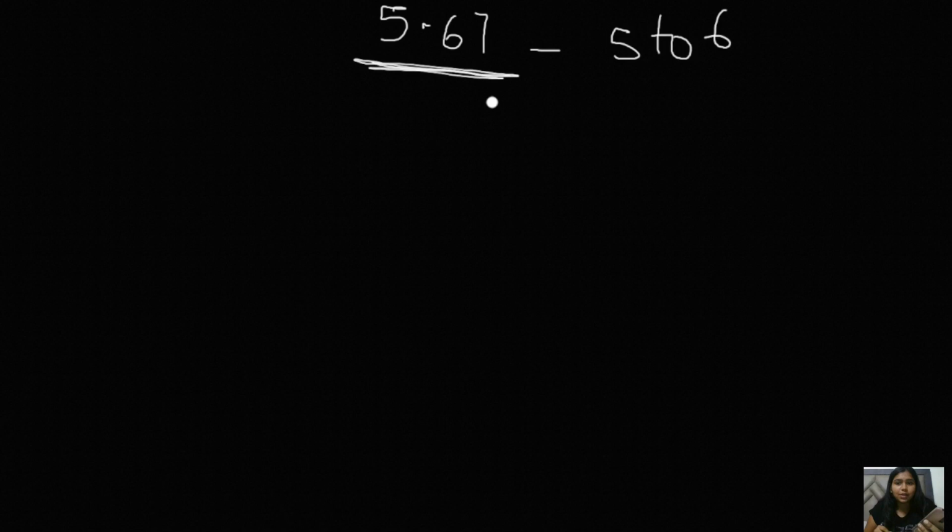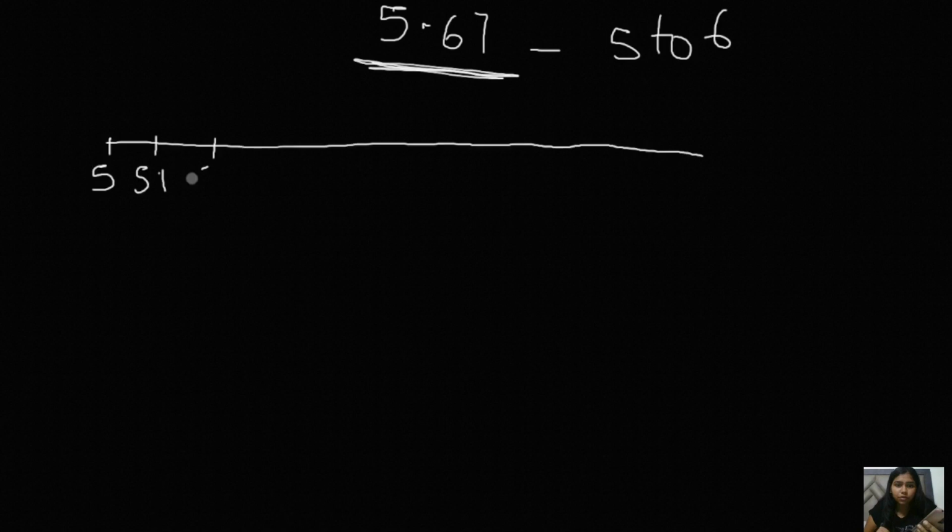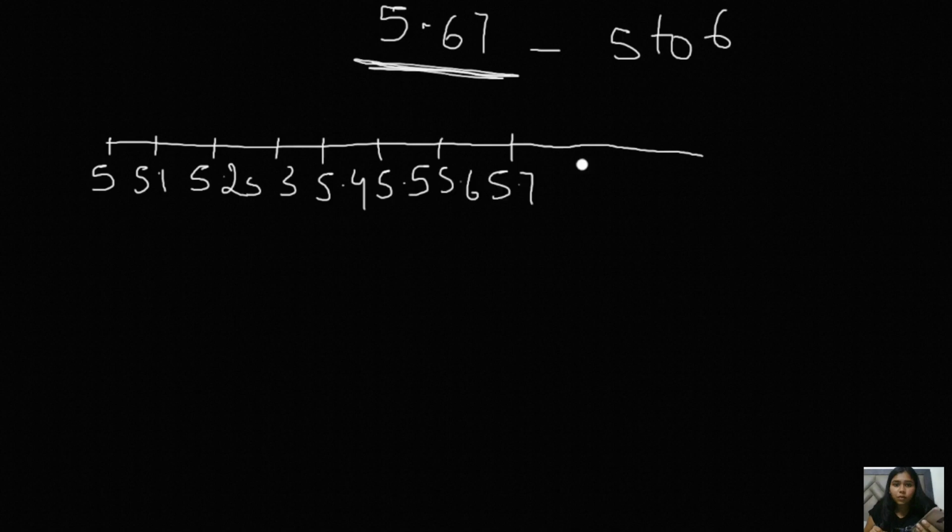So you just have to draw a number line from 5.1 to 5.3 with equal distances. I'm not able to show you the exact number line, but with the help of a ruler you can draw the number line with equal distances between each other. Now 5.67 will lie somewhere between 5.6 and 5.7.